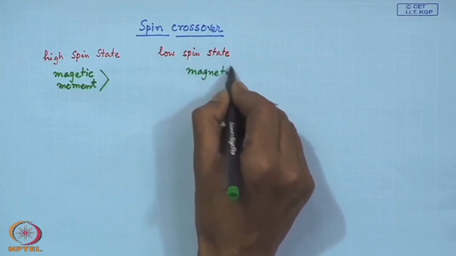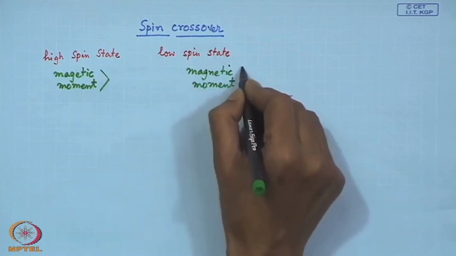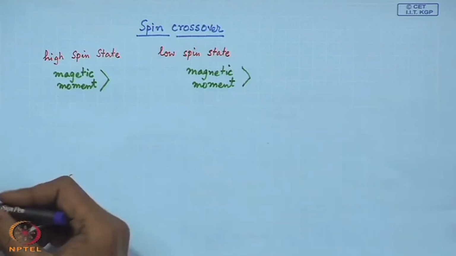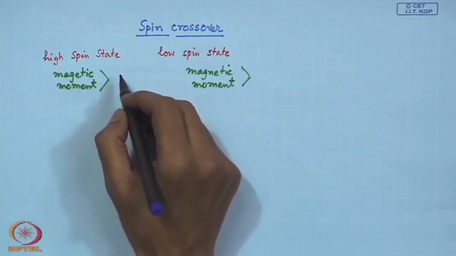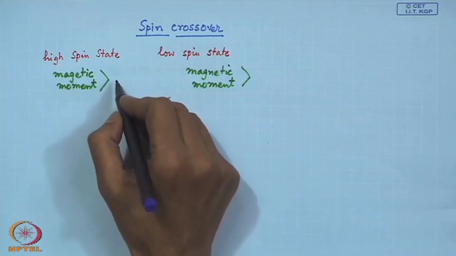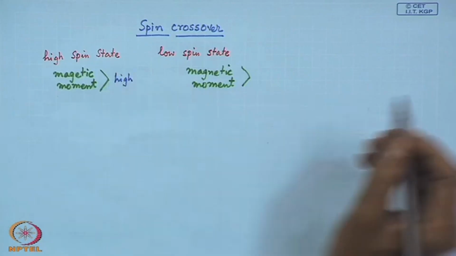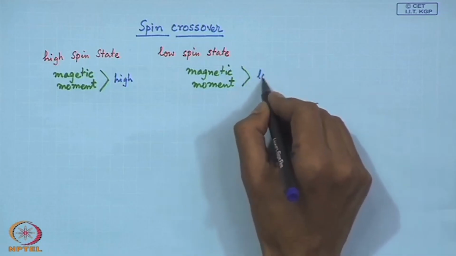Here also we can compare the magnetic moment with that of the high spin molecules. So high spin states are characterized mostly by large number of free spins. So the determined magnetic moment, what we can determine experimentally, would be high also. And in case of low spin state, this would be low.